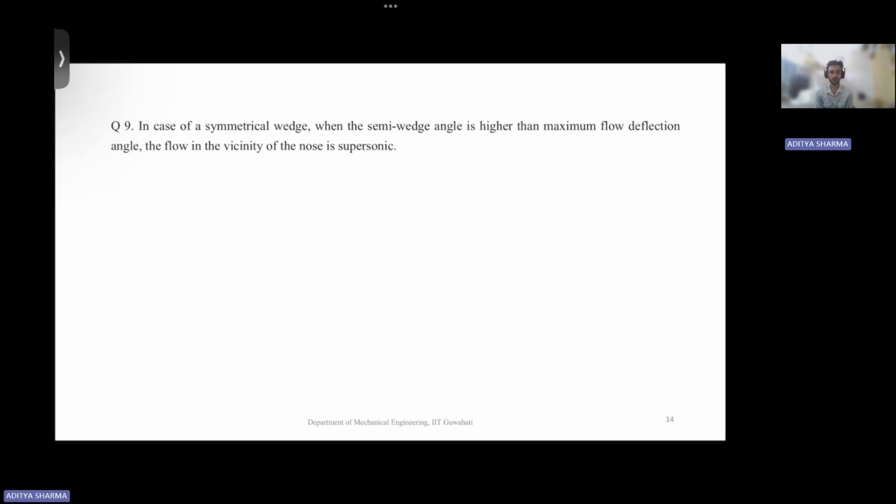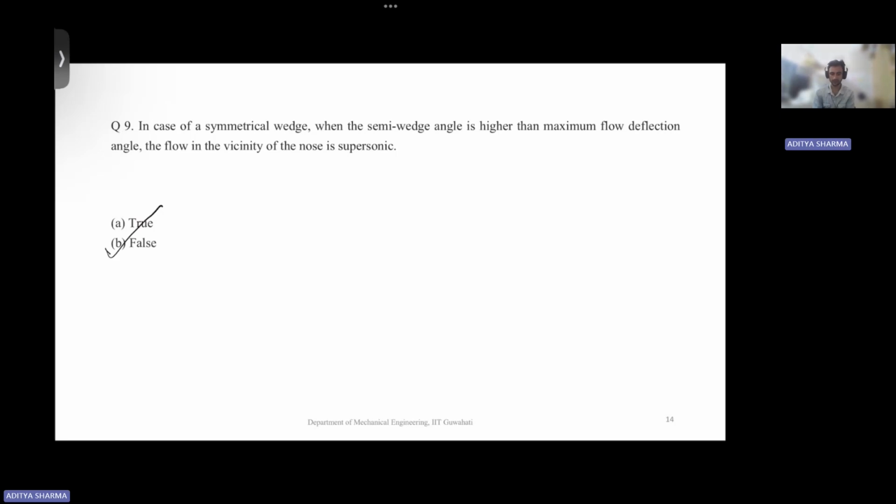Question number 9: in case of a symmetric wedge, when the semi-wedge angle is higher than the maximum flow deflection angle, the flow in the vicinity of the nose is supersonic. Whether this is correct or not, this is a false statement, right?